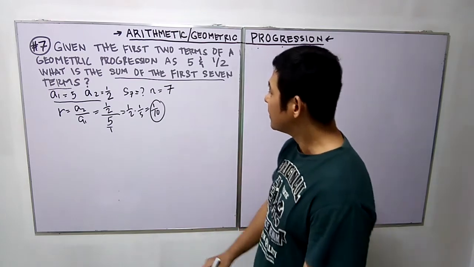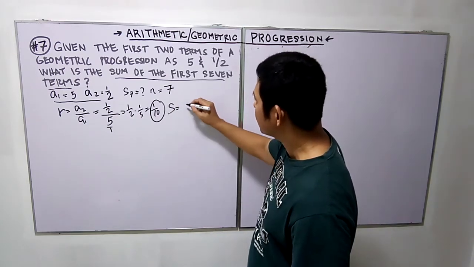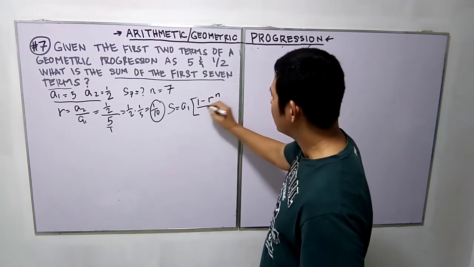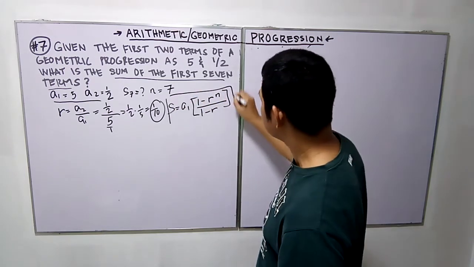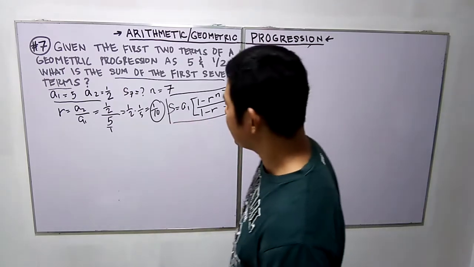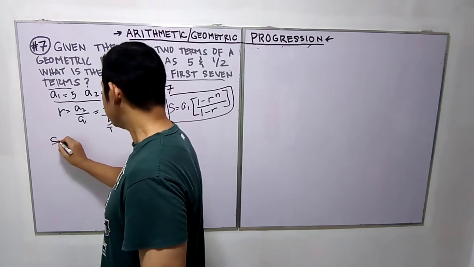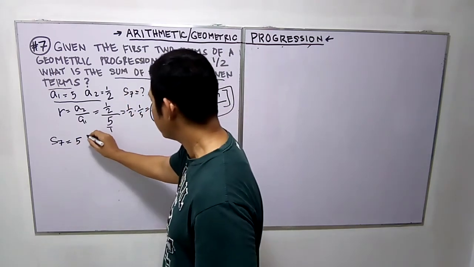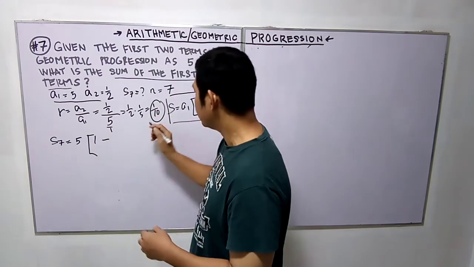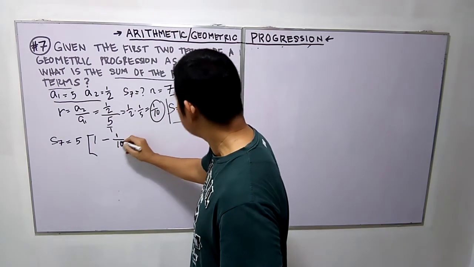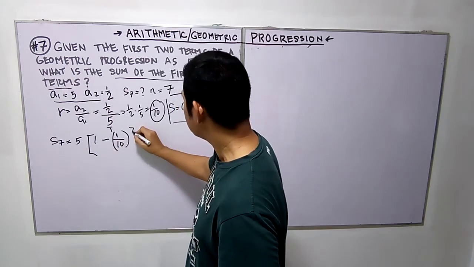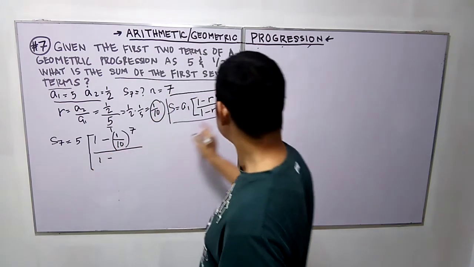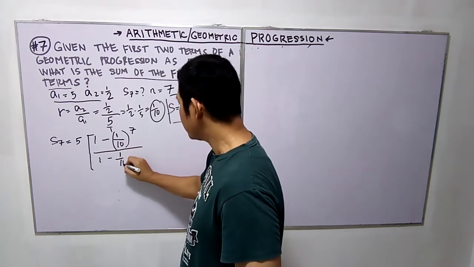So, ang gagamitin nating formula ay S is equals to A1 times 1 minus R to the n over 1 minus R. So, S7 is equals to first term 5 times 1 minus R, which is 1 over 10, to the power of 7, over 1 minus common ratio 1 over 10.